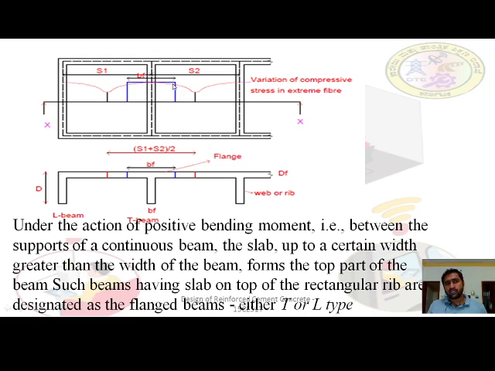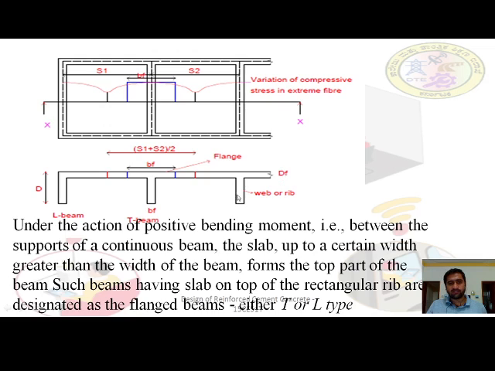This blue line, where the stress is uniform, will be equal in magnitude to the stress from S1 plus S2 by 2. So this stress and this stress will be equal. That's why, in order to make the calculation simple, we are going to give the effective width of the T beam.